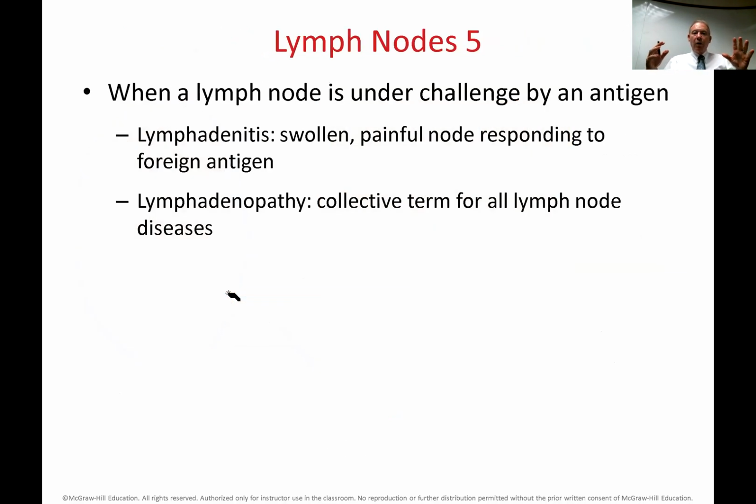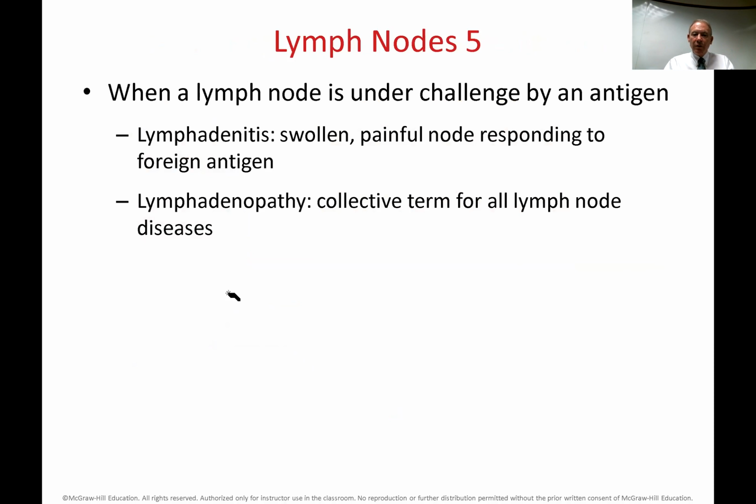When a lymph node is working, when it has something to work on, if it's under stress because there's something in the body it doesn't like, we might have a condition called lymphadenitis. This is when your lymph glands or lymph nodes become painful and swollen because they're working on destroying some sort of foreign invader.